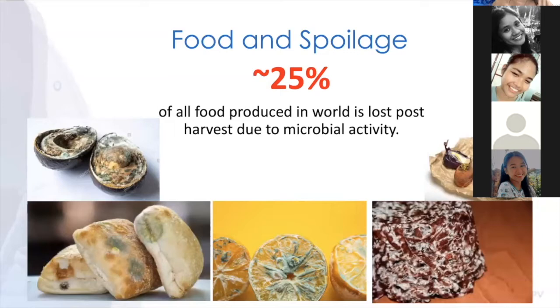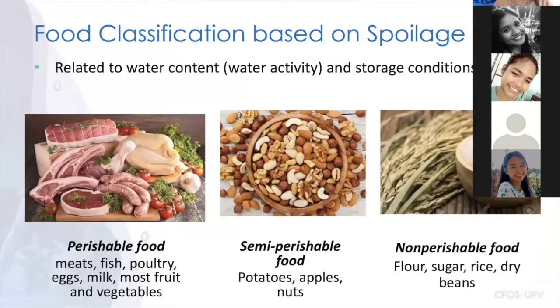Food and food spoilage: around 25% of all food produced in the world is lost due to post-harvest handling, acted on by microbes or microorganisms, be it the microorganism itself or the enzymes produced by the microorganism.